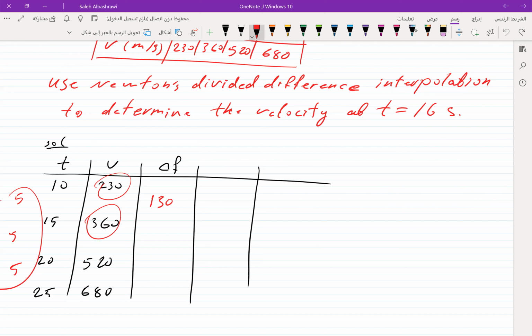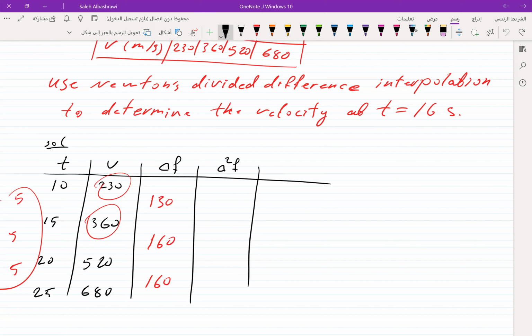Now the difference between 360 and 520 is 160. Difference between 680 and 520 is 160. This is the next one minus the current one, the next one minus the current one. Now this is the first difference.